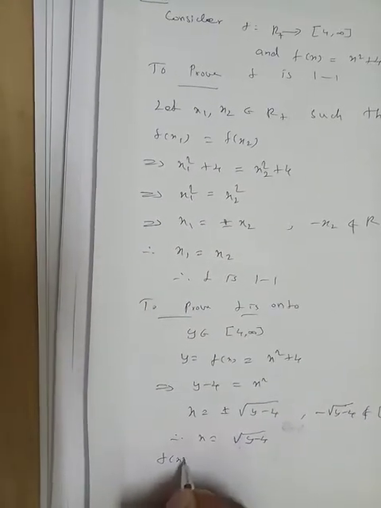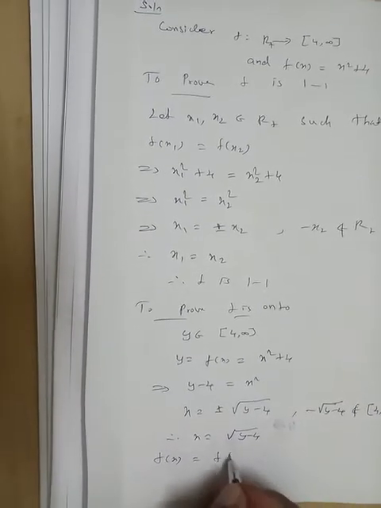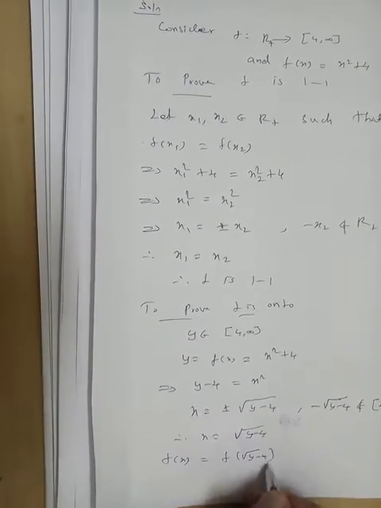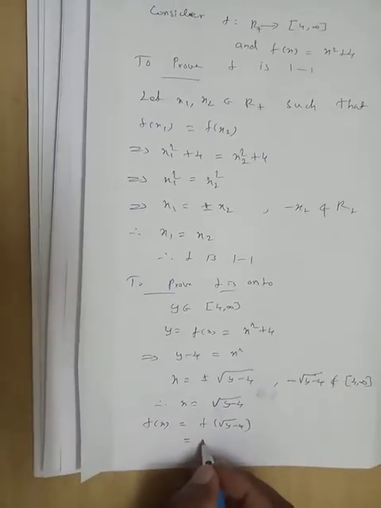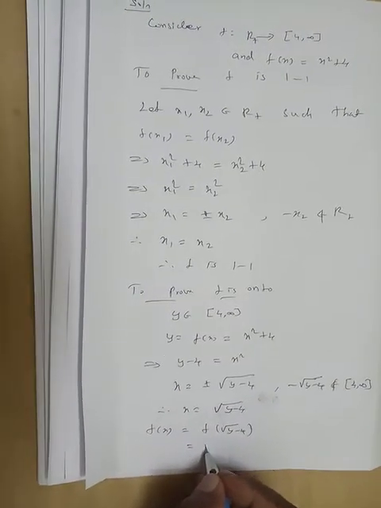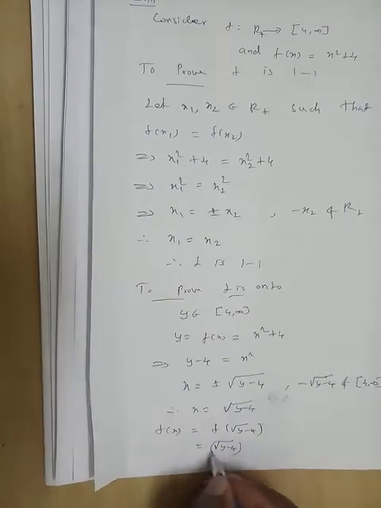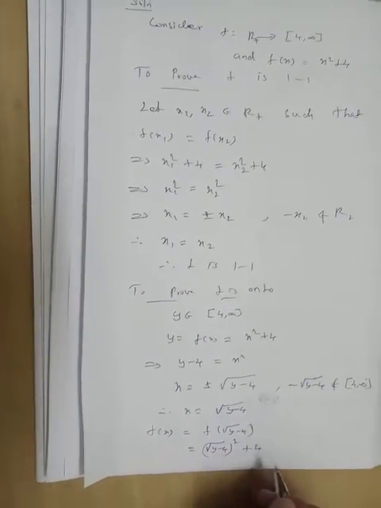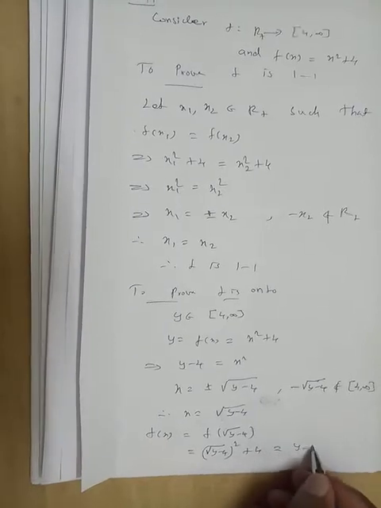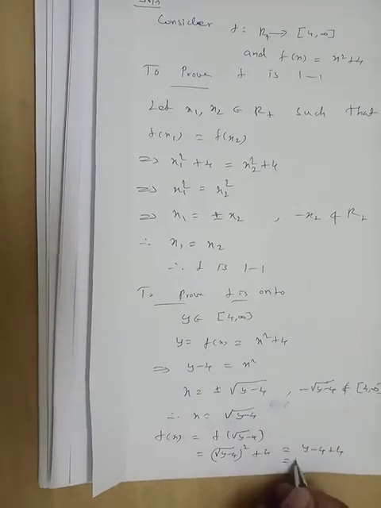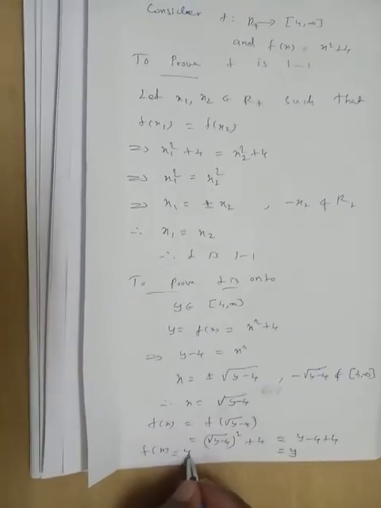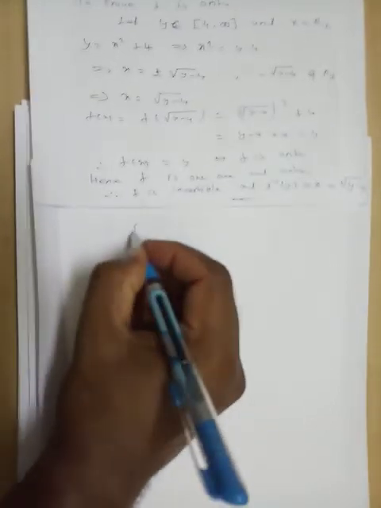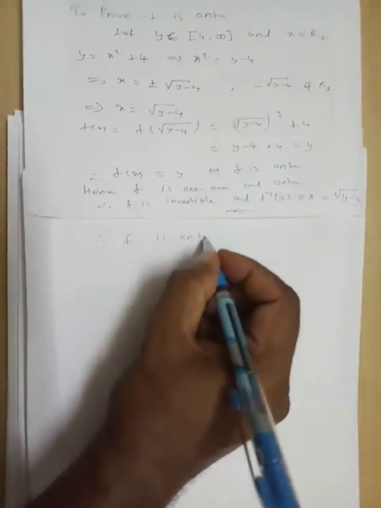Then f of x is equal to f of root of (y minus 4). Now the function is x square plus 4, so (root of (y minus 4)) the whole square plus 4 equal to y minus 4 plus 4 equal to y. So f of x is equal to y. Therefore f is onto.